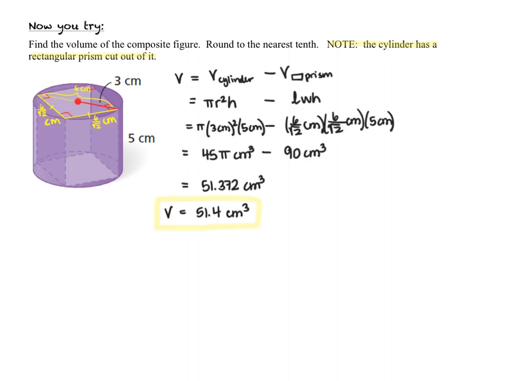Working on this question, you probably recognized very quickly that we had a square cut out of the cylinder. We can look at that as a square on the circular base, and we could cut that in half and end up with an isosceles right triangle, which is a 45-45-90.